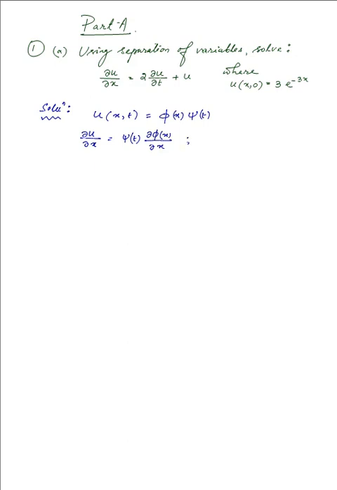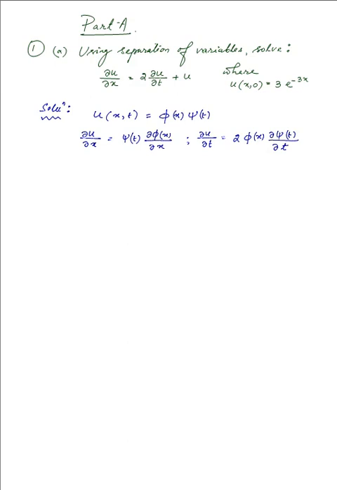Similarly, for del u over del t, we have the factor on the right hand side that we see with the function given. We have 2 times phi x times del psi t over del t. So this is more or less the case.